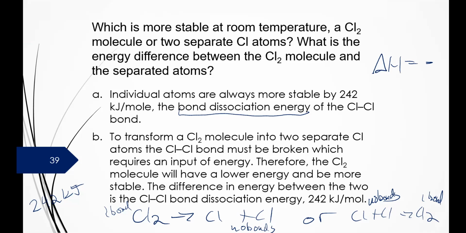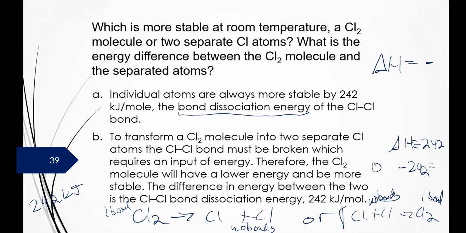Or to go from no bonds to bonds formed, then we start off with no bonds broken, and we formed a bond, so minus 242. So for this process, our delta H is going to be negative 242.